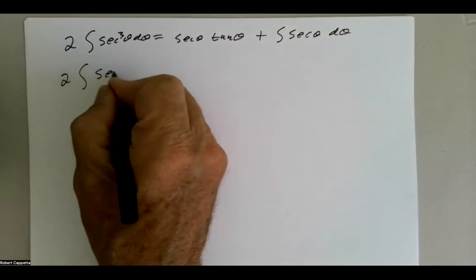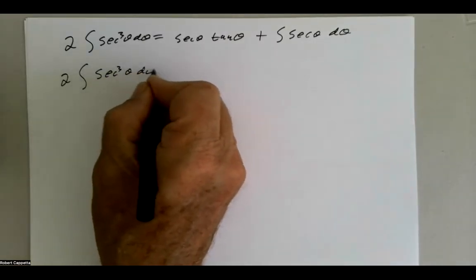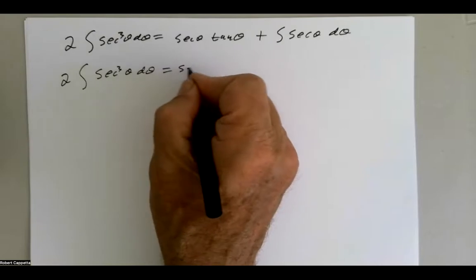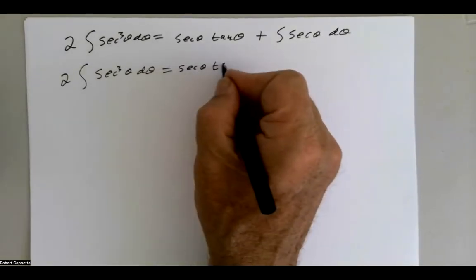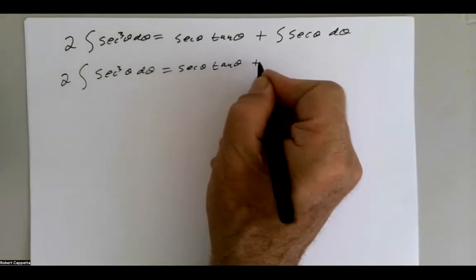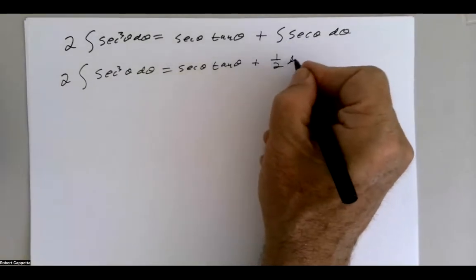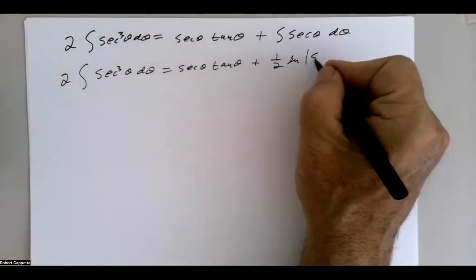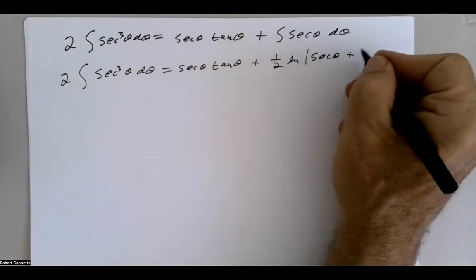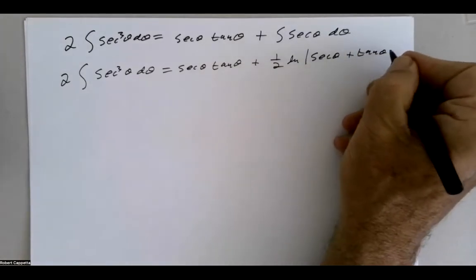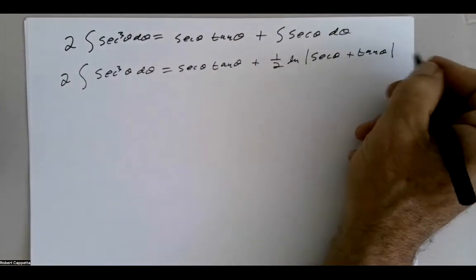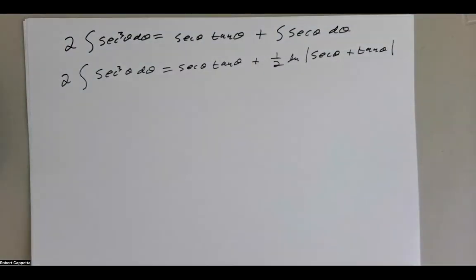Twice the integral of secant cubed theta d theta is sec theta tan theta plus log absolute value of sec theta plus tan theta. Now, I really should write plus c here, but I'm not going to because we're going to substitute in our endpoints eventually.